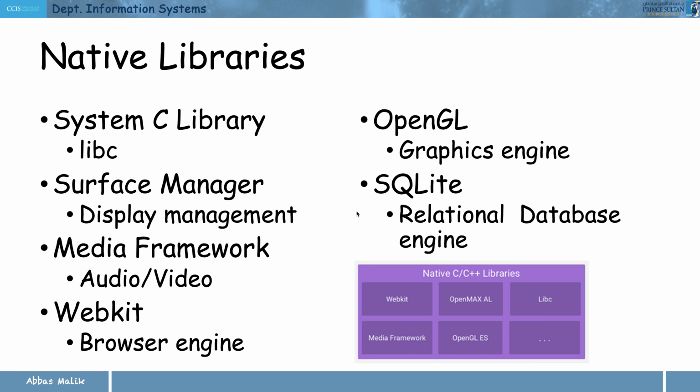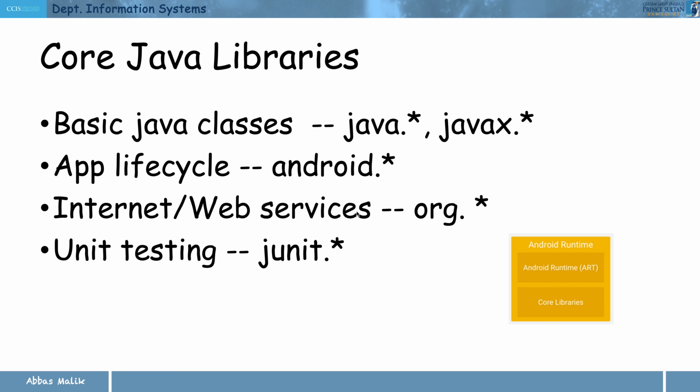We cannot cover everything, but we will try to cover a few of them so that we see how we can use them in our program and build applications on that. Then there are the core Java libraries, the Java runtime, which help us to make the application in Android Studio, or VS Code can also be used to make applications for Android.